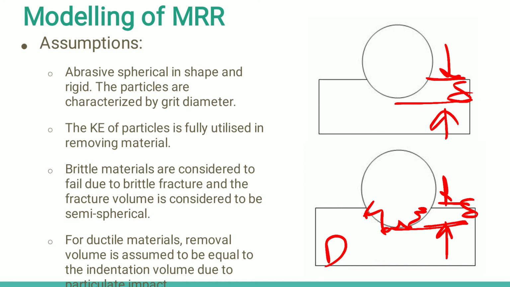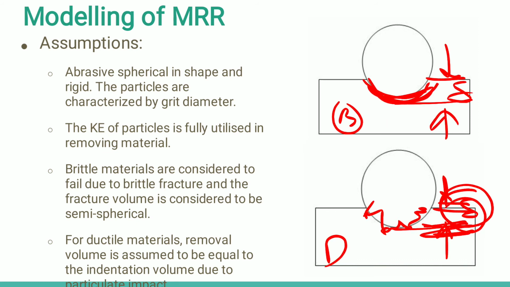But in the brittle material, the depth to which the abrasive particle is inserted inside the workpiece we call the indentation. In the ductile material we call that impression an indentation, and in the brittle material, whatever amount of material is removed inside the workpiece, we also call that an indentation.